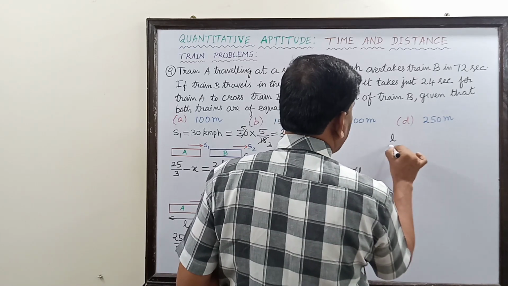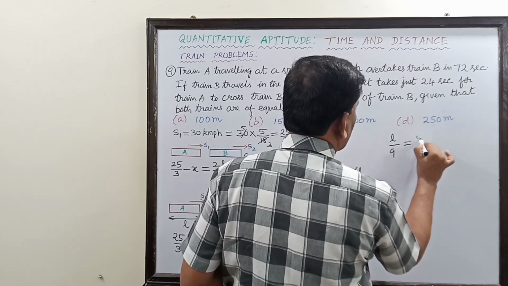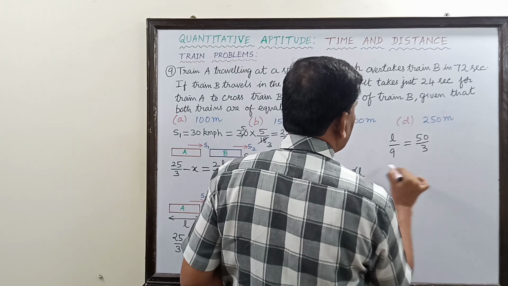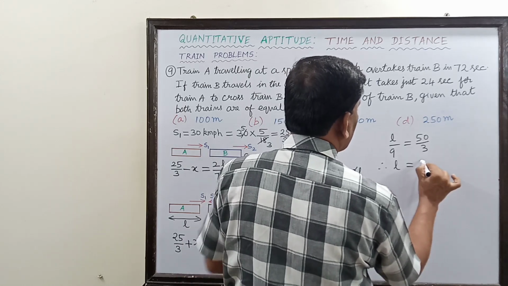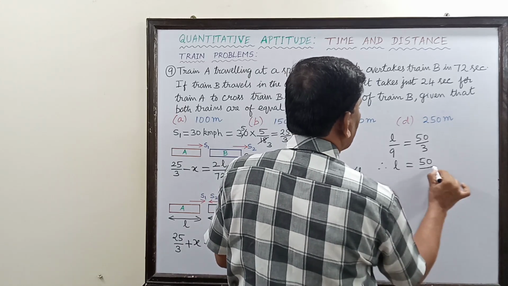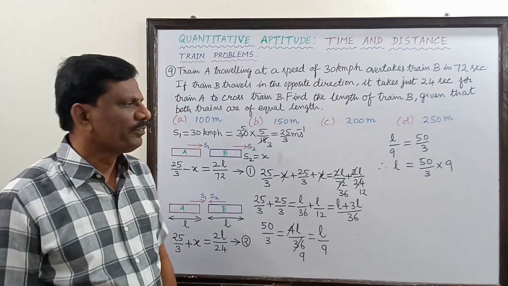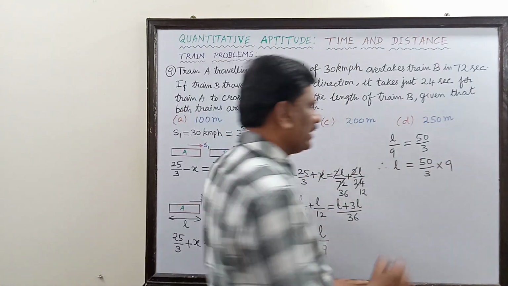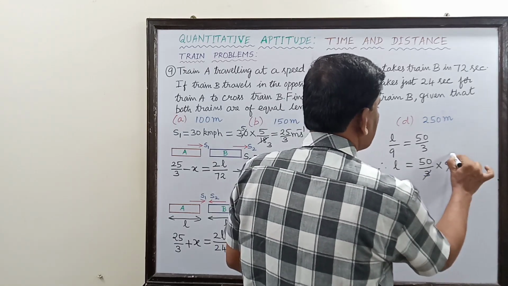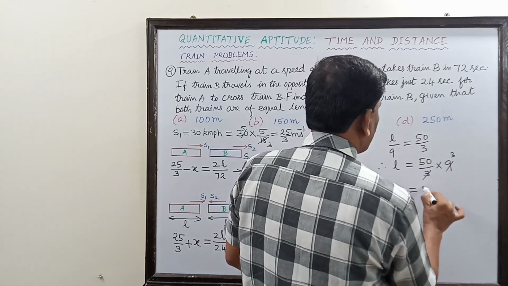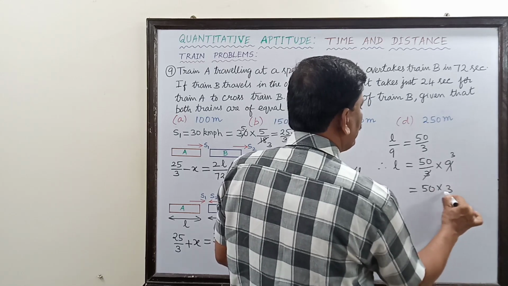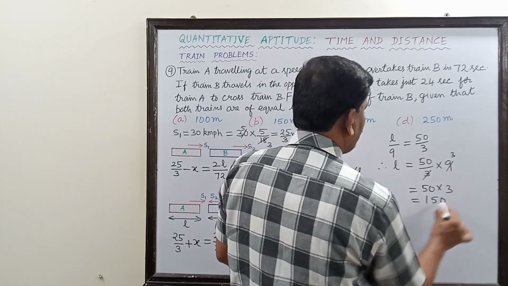So L by 9 is equal to 50 by 3. Therefore, L is equal to 50 by 3 into 9. Okay. Now 3 3s are 9. So this is equal to 50 multiplied by 3 is equal to 150.